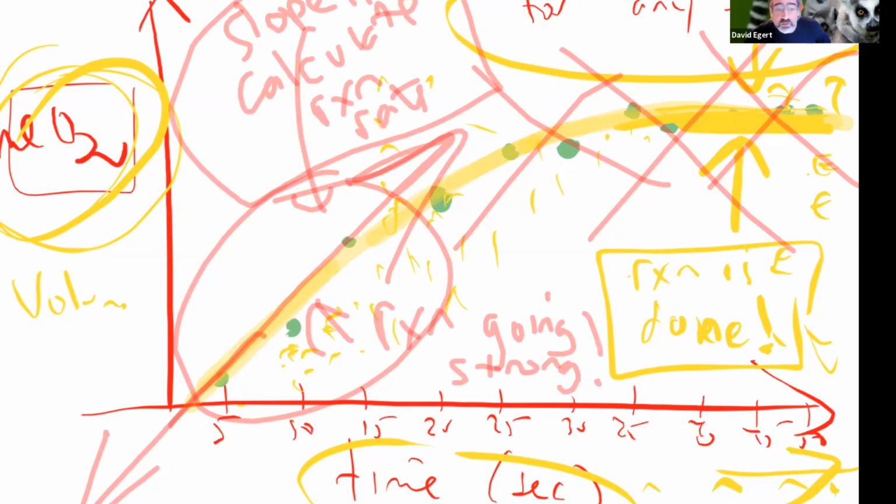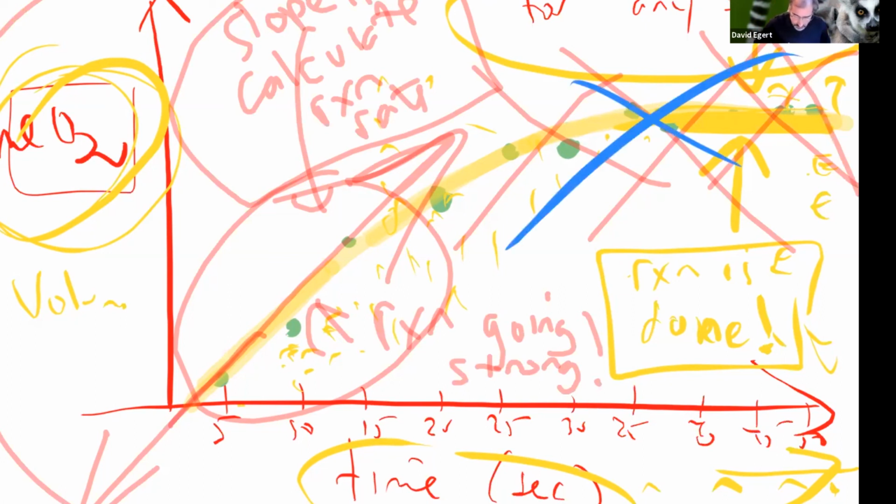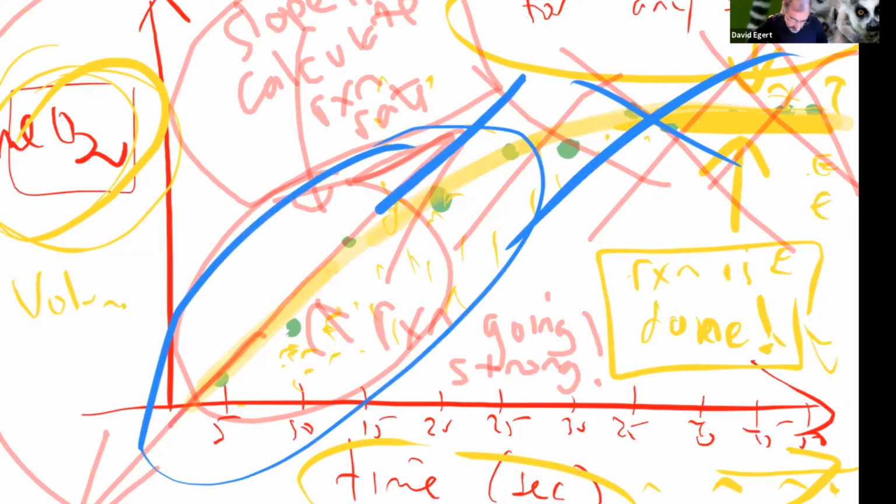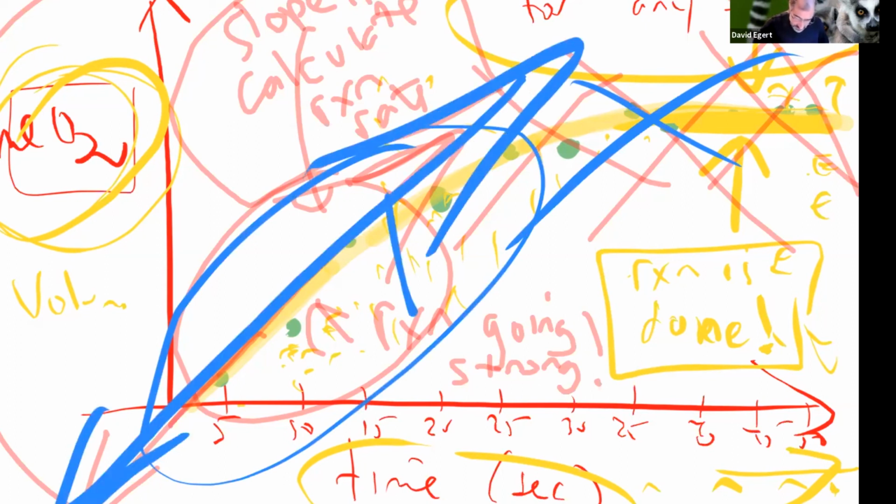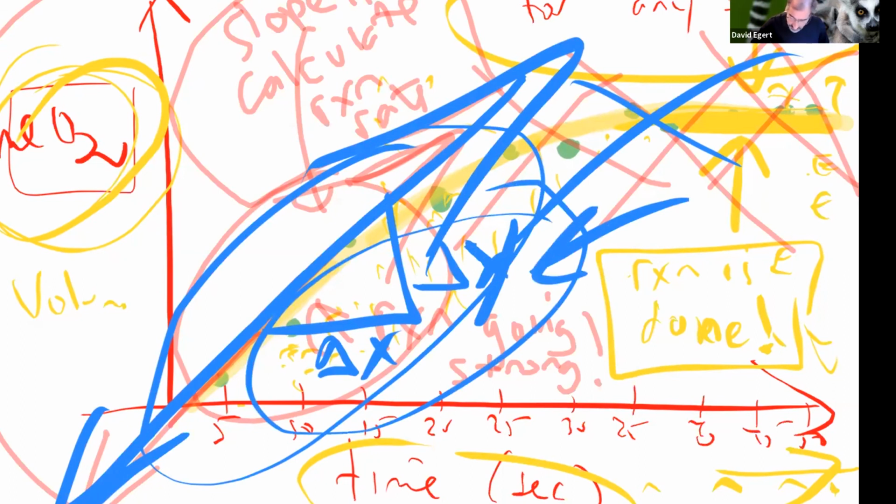This is important when you are looking at your data, and again, I will go deeper into this on Thursday. You are going to have to make a chart like this and figure out which part is not good and which part you care about. Do a best fit line, calculate the slope, rise over run. The slope is going to be the rate.